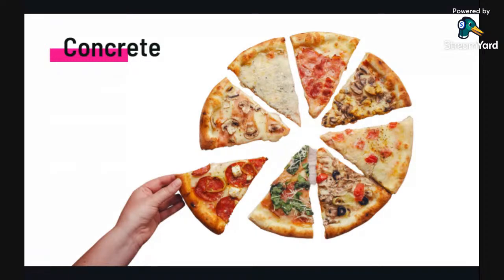You could use fraction bars, fraction circles, pattern blocks, brownies, or, as pictured here, pizza. If you're having your students build these models with a concrete manipulative, they're going to have more of an understanding of what those fractions mean.